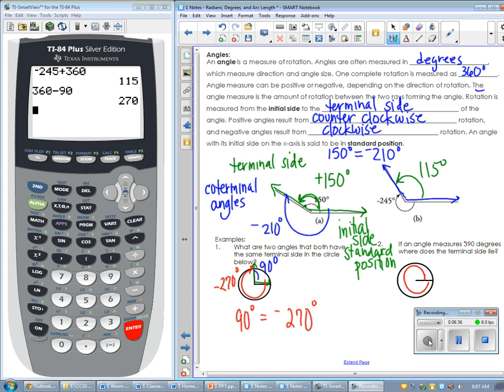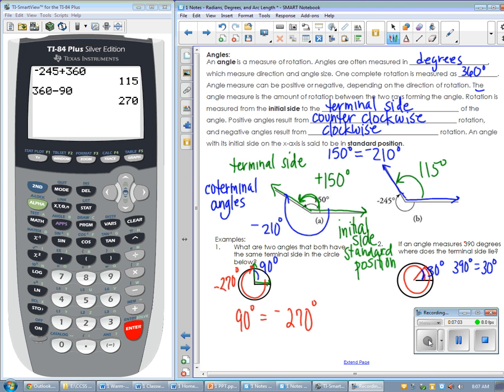If I need to go 390, that means I need to go another 30 degrees. So that puts my terminal side right there in the first quadrant. And if I think about it, since I've already gone around 360, this degree measure is just another 30 degrees. So it turns out that a 390 degree angle is equivalent to a 30 degree angle.